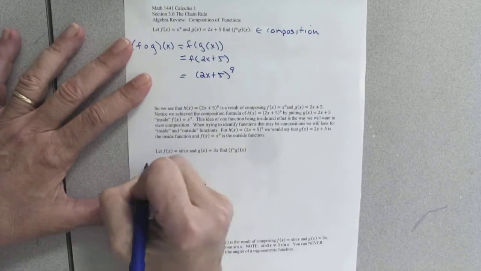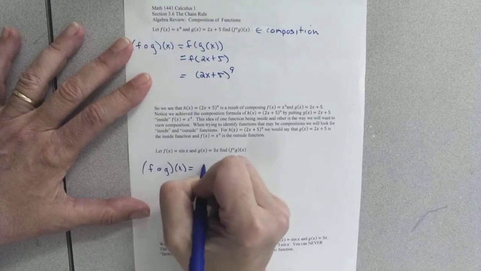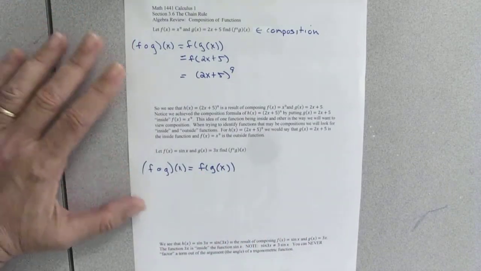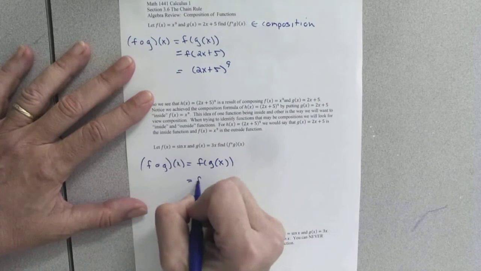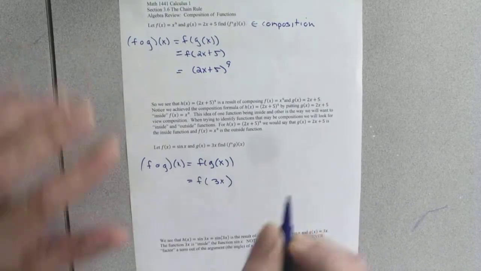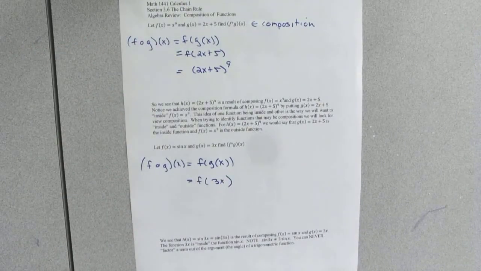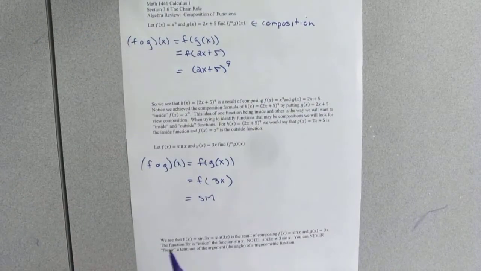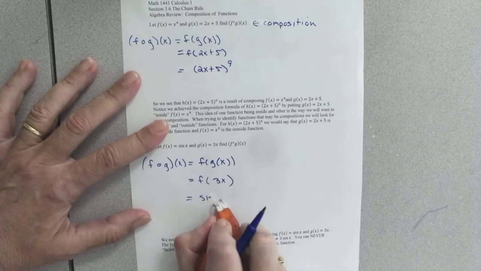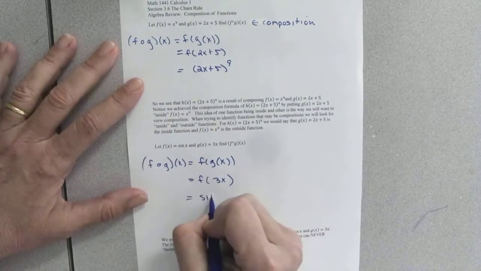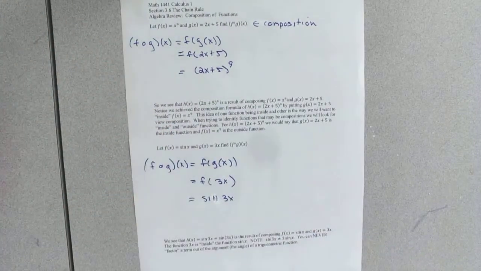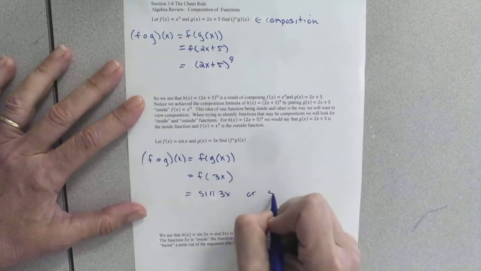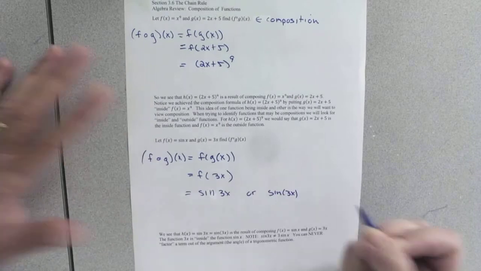And so f of g of x, written that way, is the same thing as nested together. And again, we'll start on the inside, replace g of x with its rule, 3x in this case, then use f's rule, which is sine x, but when I get to the x, I replace the x with whatever I have in parentheses, sine 3x, or you could write it this way with parentheses.